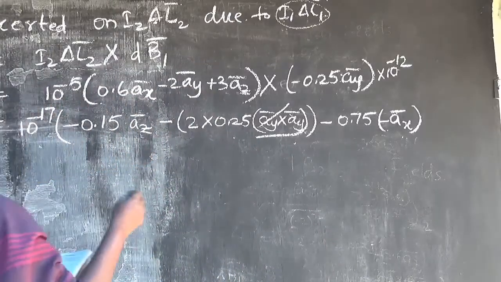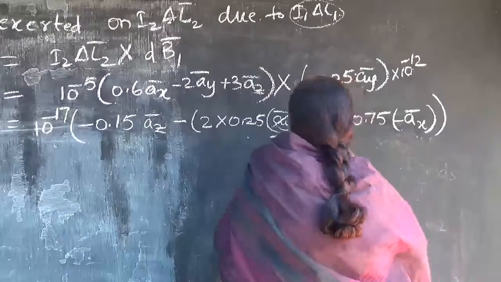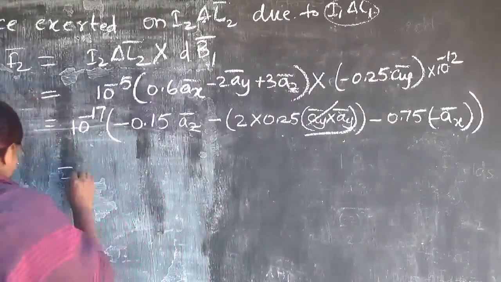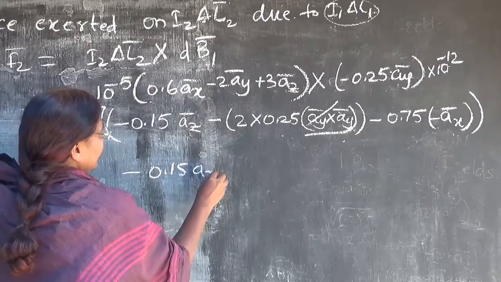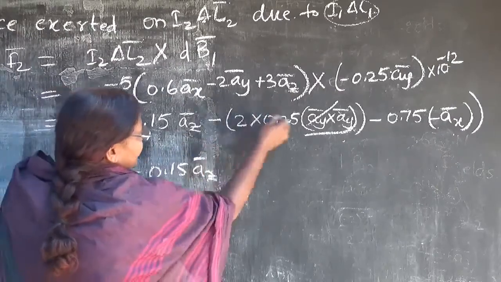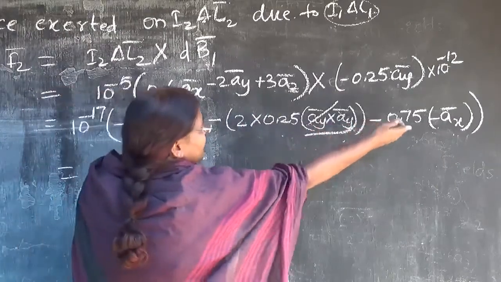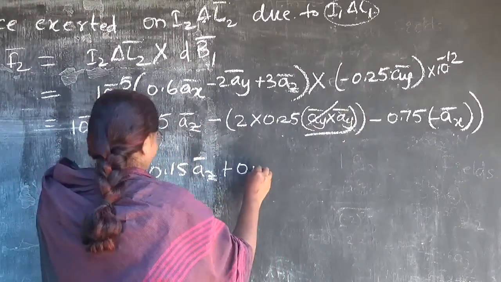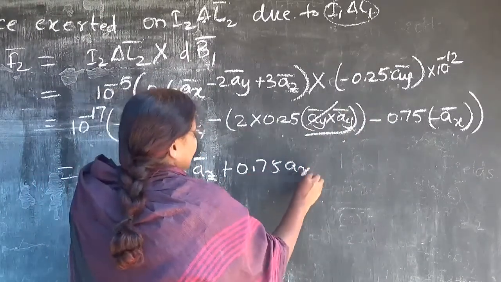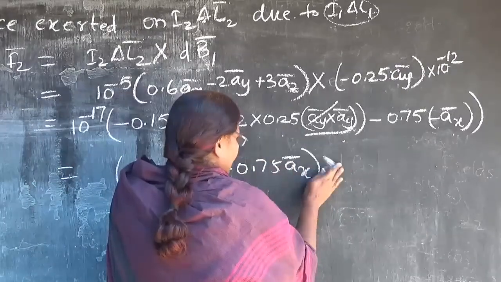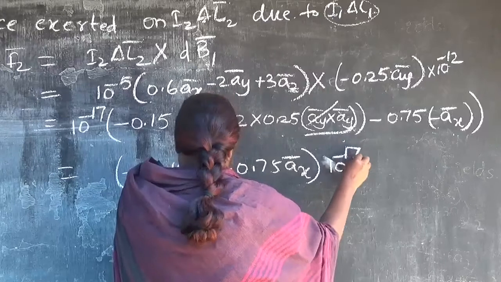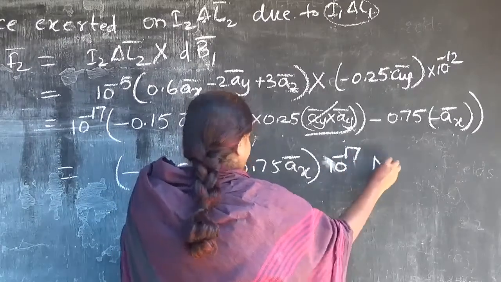So the total final answer is minus 0.15 AZ bar, plus 0.75 AX bar, into 10 to the power of minus 17 newtons.